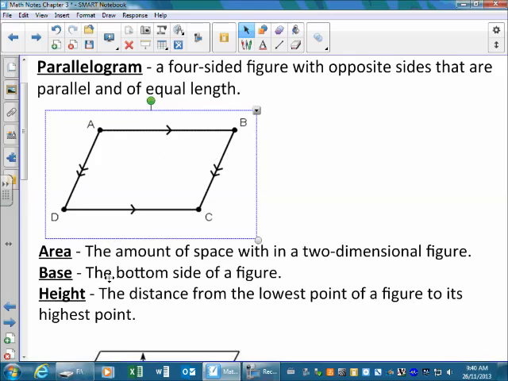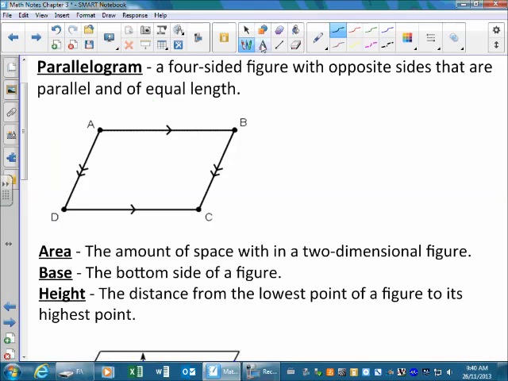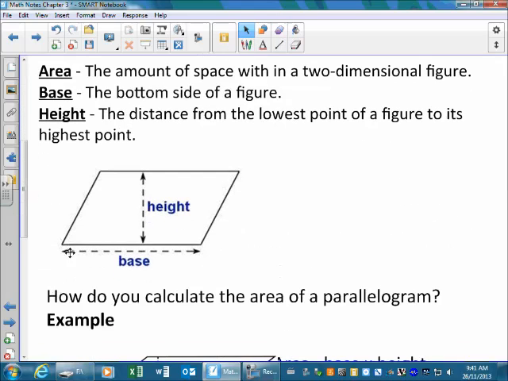The base is just the bottom side of a figure, and the height is from this point to that point. Actually, my next picture shows it. So there's our base, and there's our height. And that's all you really need to consider when you're finding the area of a parallelogram.